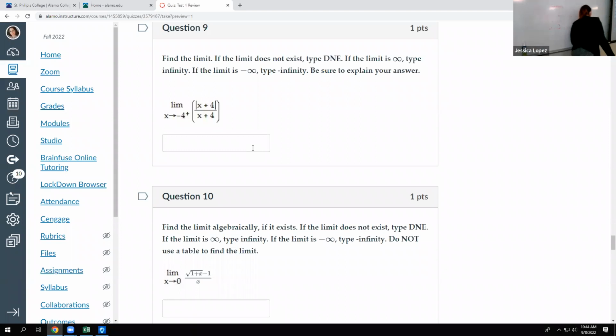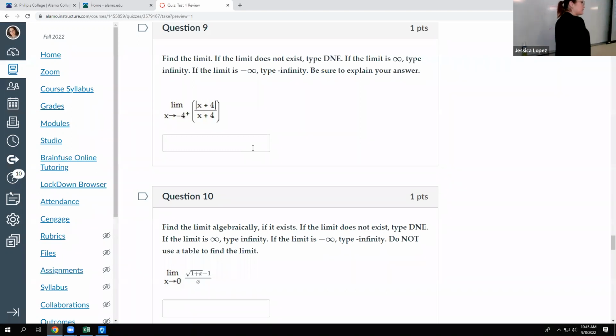The algebraic way is never an easy thing to explain, so I'm gonna try. The algebraic way is to use the knowledge that we know about absolute values, okay? So if x plus 4 is greater than 0, that means it's positive, right? Then when I take the absolute value of it, it's going to be the exact same number, isn't it?